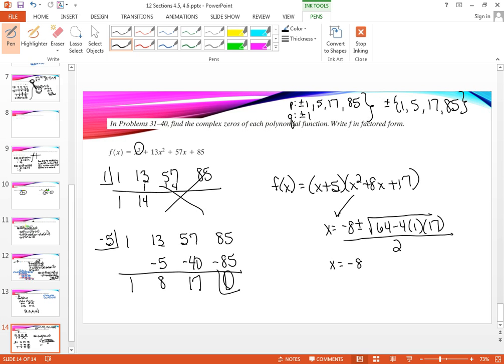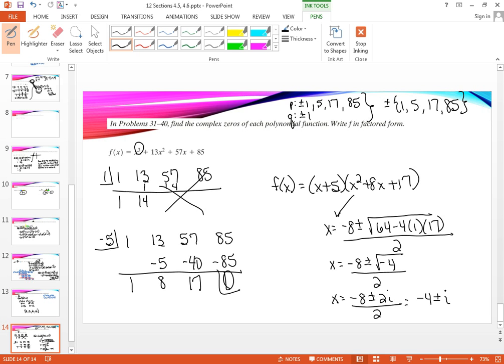So negative 8 plus or minus the square root of 64 minus 4 times 17, which is negative 4. So negative 8 plus or minus 2i all over 2, which reduces for us to what? Negative 4 plus or minus i.